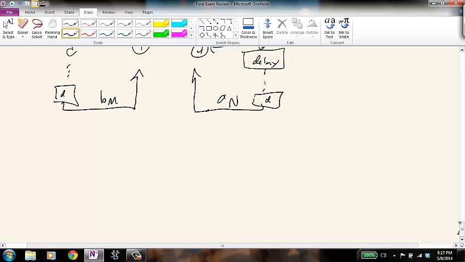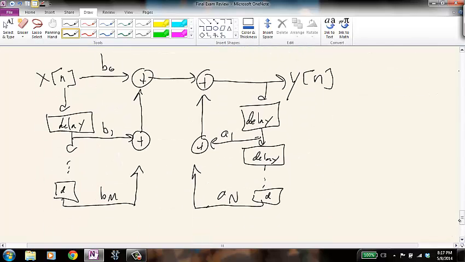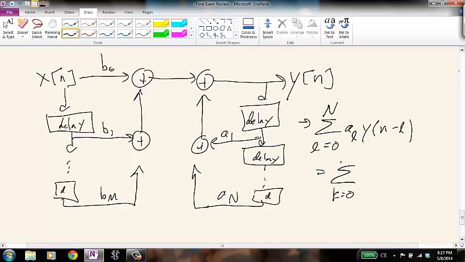This block diagram is the same way of saying we have some nth order response on one side. Yes? So this is our general filter design.